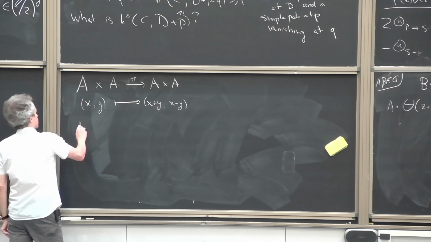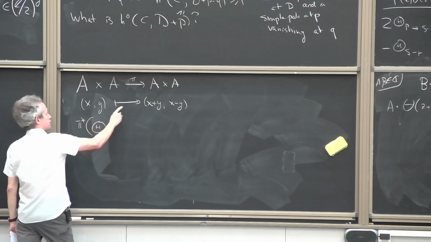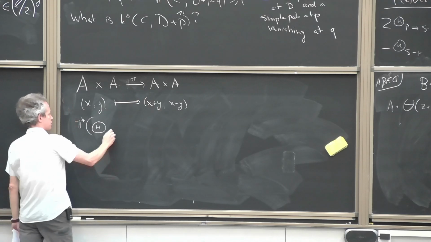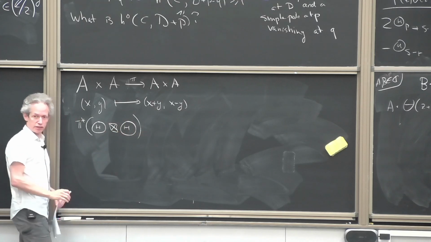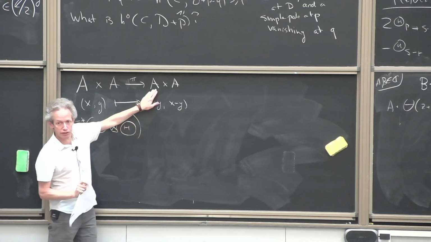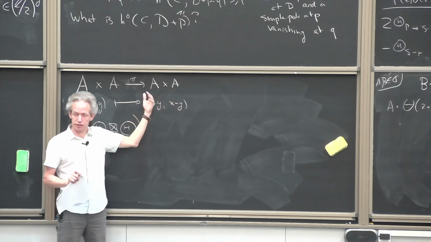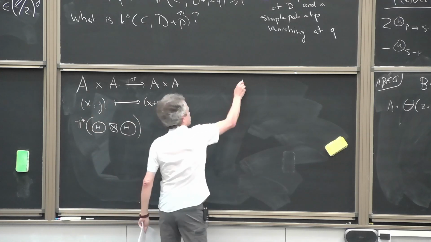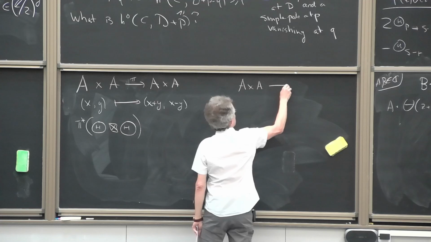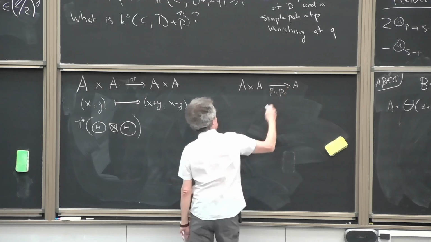What you can ask is, if I take the pullback of the polarization, this guy has a natural principal polarization as a box product of principal polarizations. Do you know this notation? I mean the following. A times A has 2 projections, P1 and P2 to A, which has a polarization.